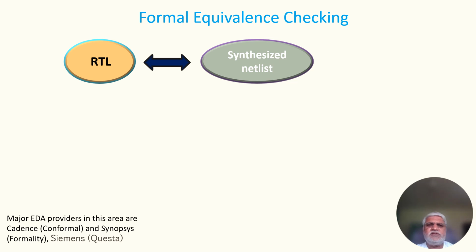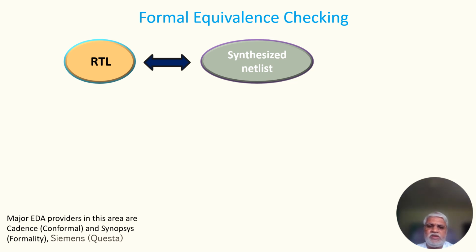Let us understand a bit more about where formal verification actually matters. Here the design at one abstraction level has been translated into another form. The RTL data has been translated into a synthesized netlist.